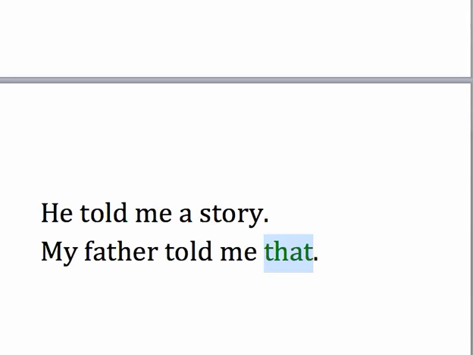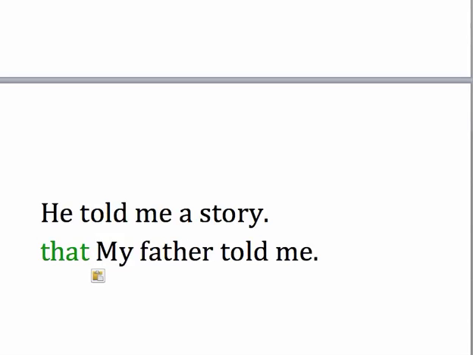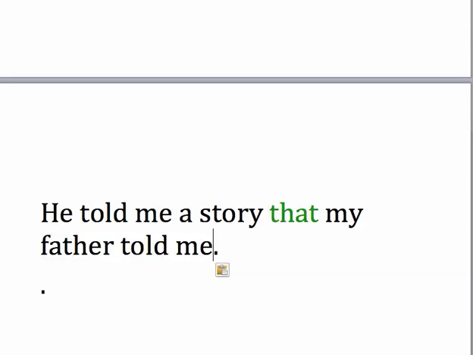But we can't leave the that at the end of the sentence, so we're going to move that to the beginning. And we will put this in, and it has to be next to what it's modifying, or what the relative pronoun has replaced. And so he told me a story that my father told me.